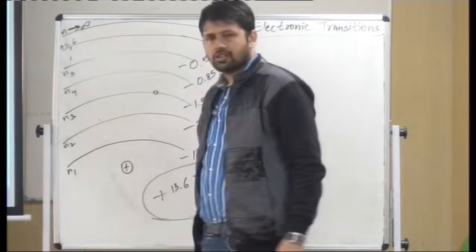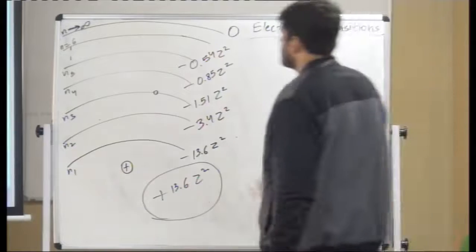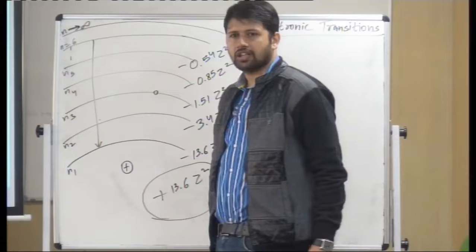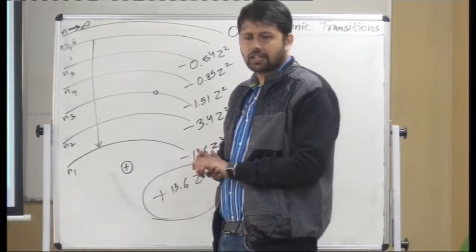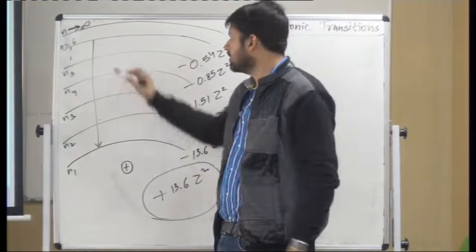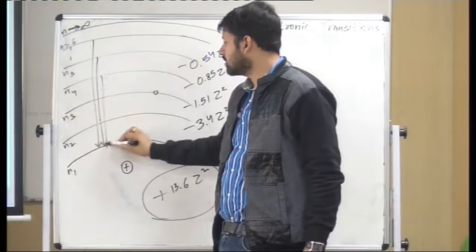Whenever the electron jumps and reaches n equal to 1, whatever may be the starting orbit number, it always ends at the ground state.